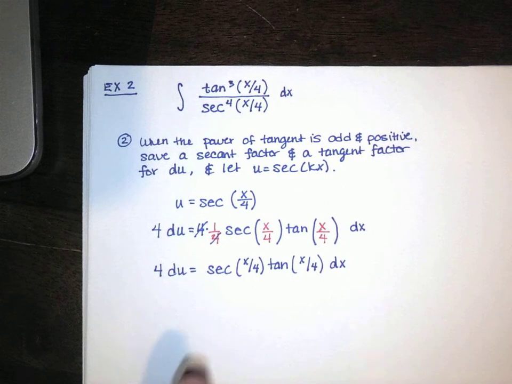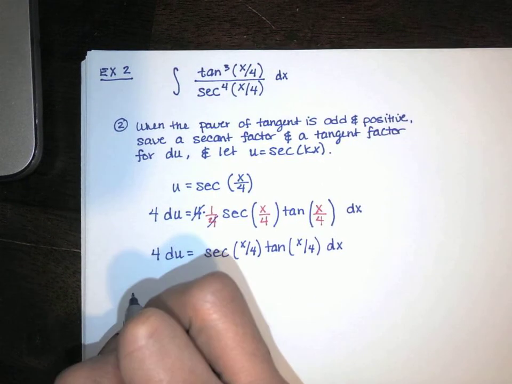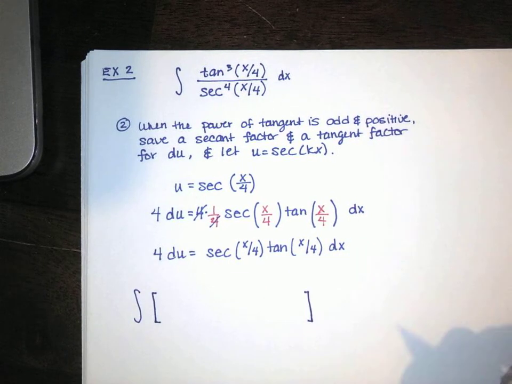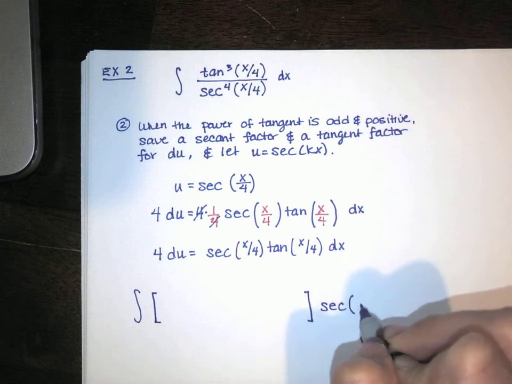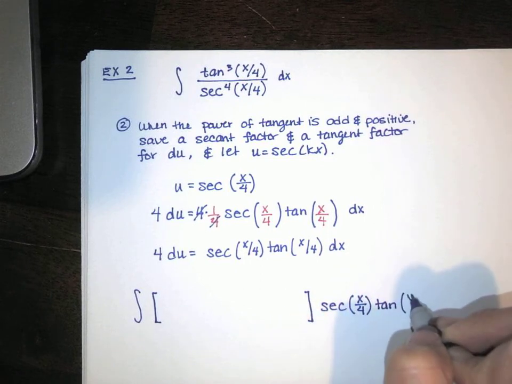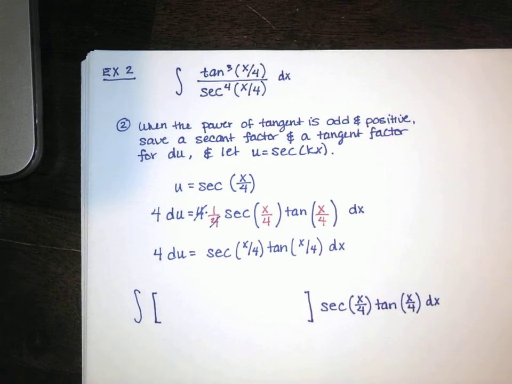Okay, so we're going to save a secant times tangent for du. And we want to write what remains entirely in terms of secant. So initially I'm just going to factor out the secant times tangent. And then I have to think about what's left.